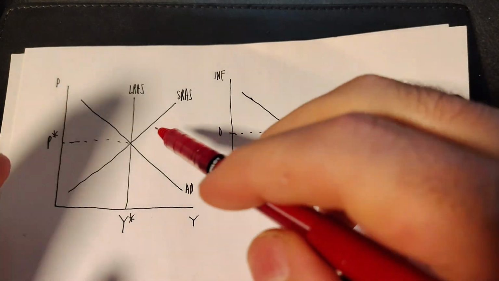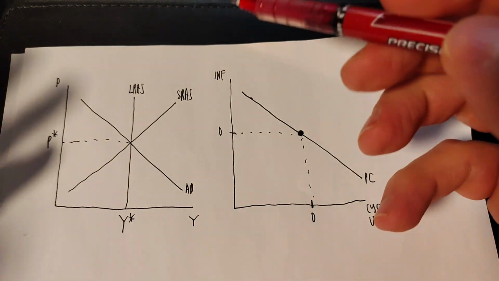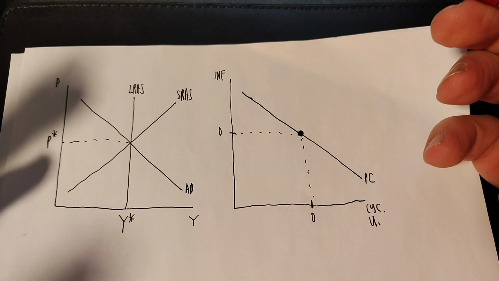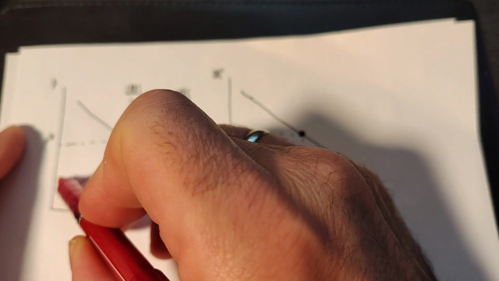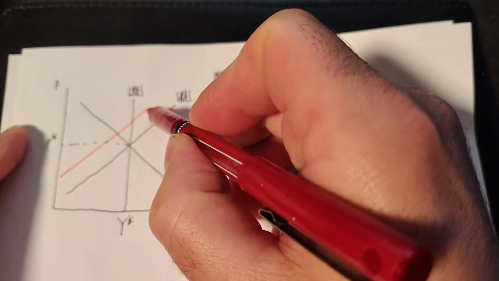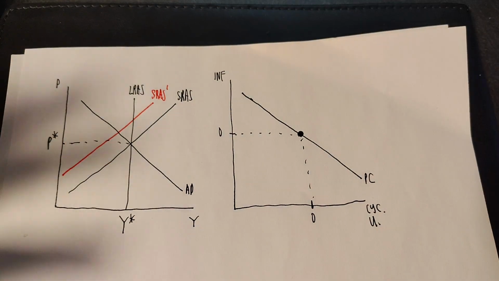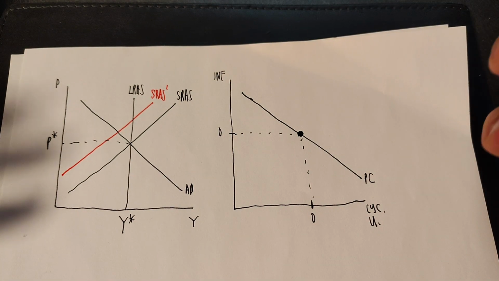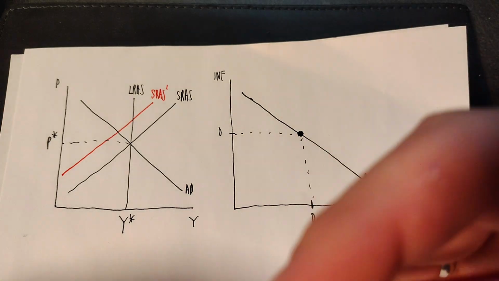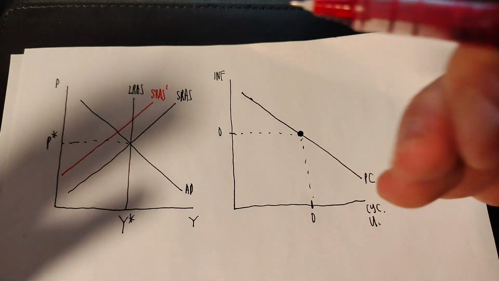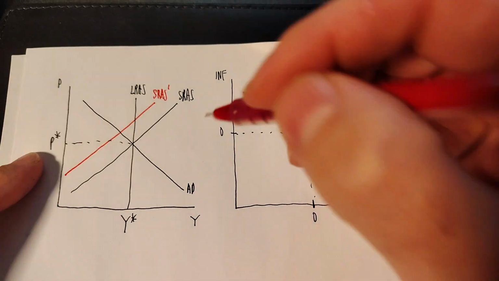But what happens when the short-run aggregate supply curve shifts to the right and to the left? For example, what happens if this short-run aggregate supply curve shifts left as a result of an increase in the price of oil, an increase in the price of raw materials, something that makes production more expensive?